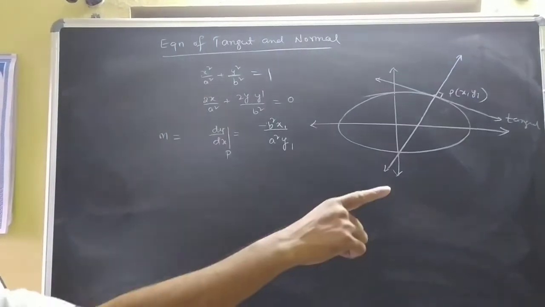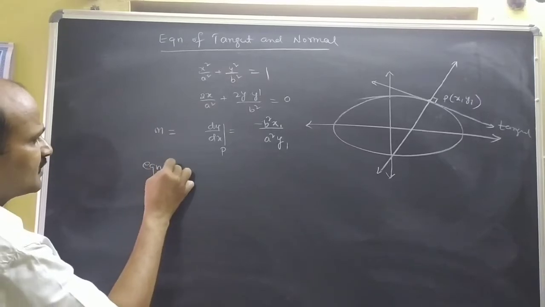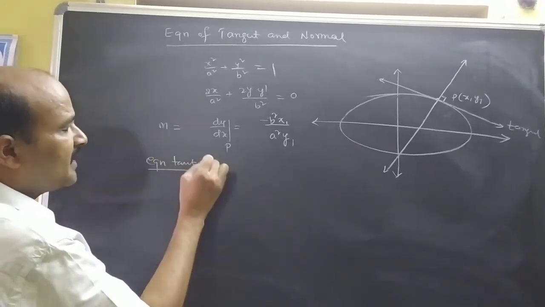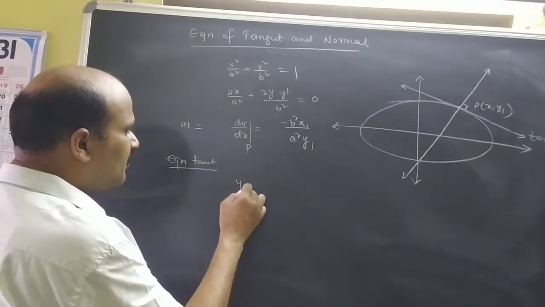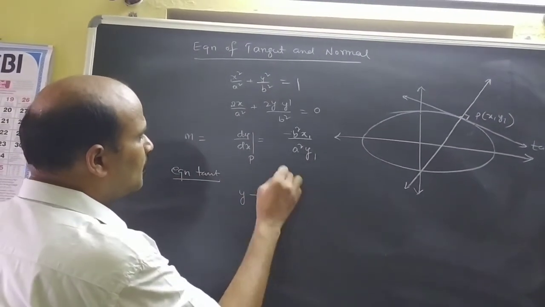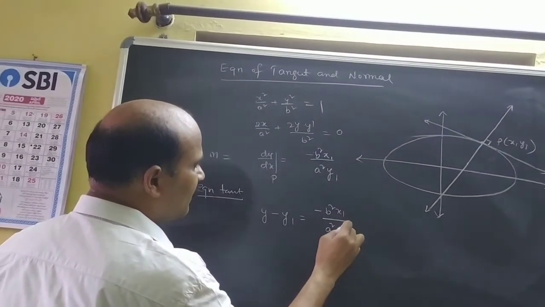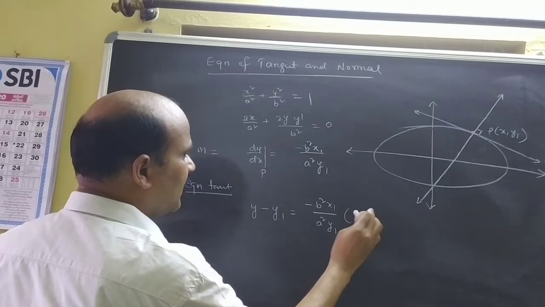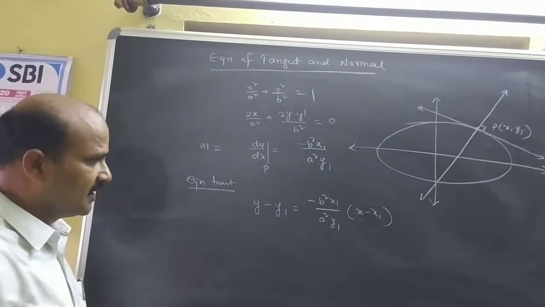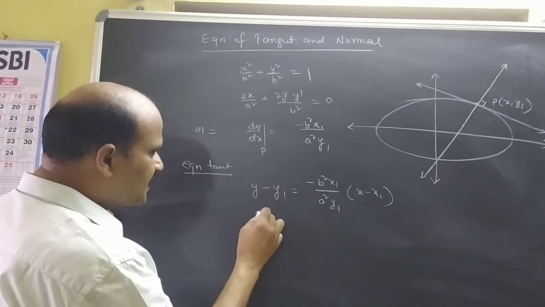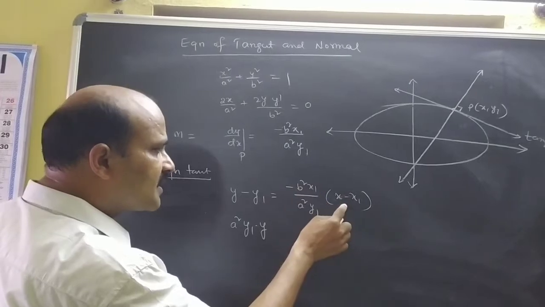Now the equation of that tangent: the line is passing through the point (x1, y1) with slope m. Therefore, y − y1 = m(x − x1), where m is −b²x1/(a²y1).